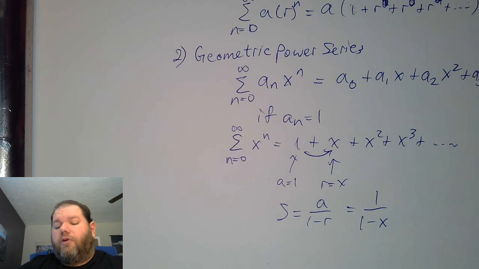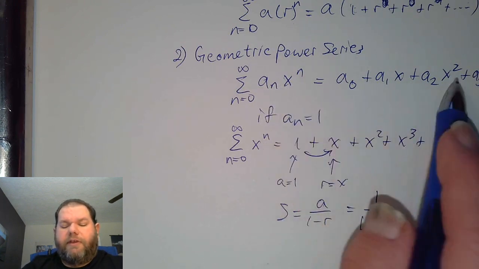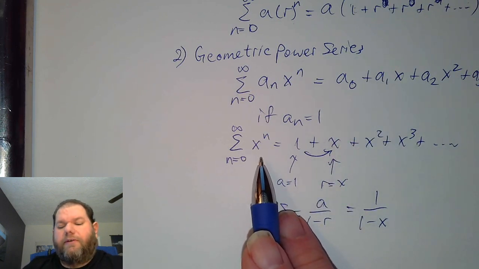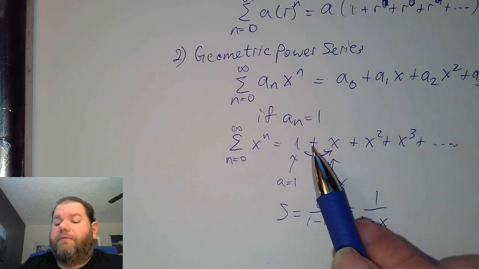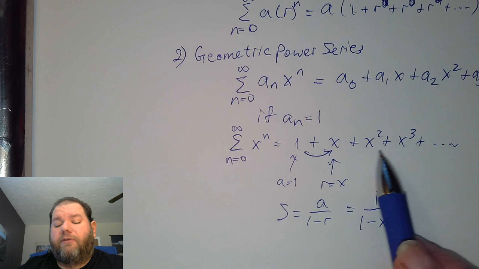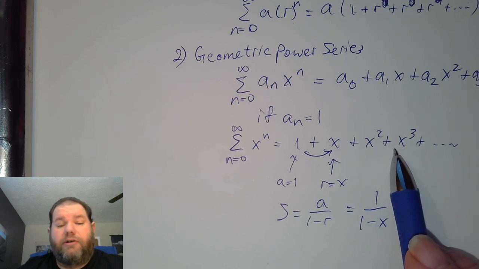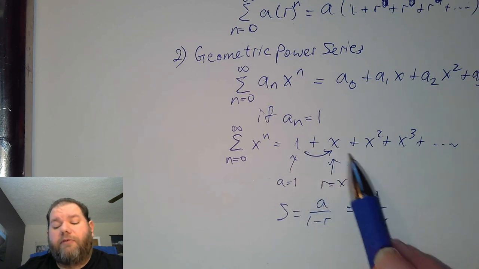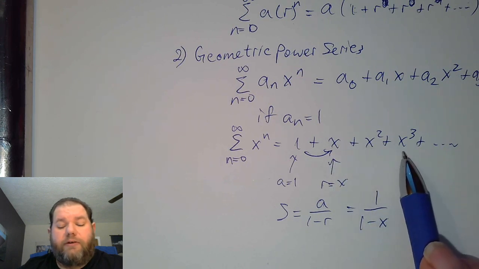Now, let's not even consider the coefficient case. It's easier to start from here, and this establishes a pattern for us. If we have just 1 plus x plus x squared plus x cubed, this is a basic power series, but it's considered geometric because we have a first term and a common ratio, since we're multiplying by x each time to get to the next term.